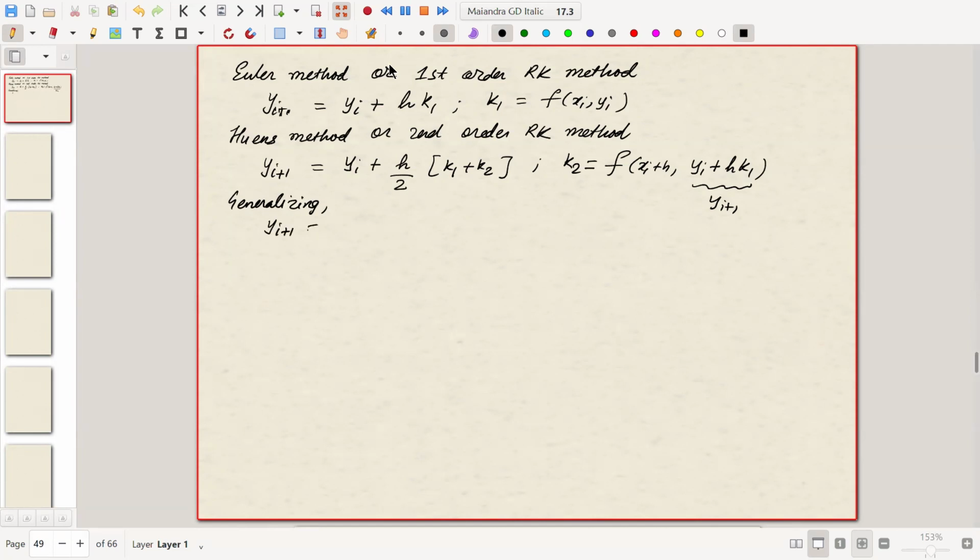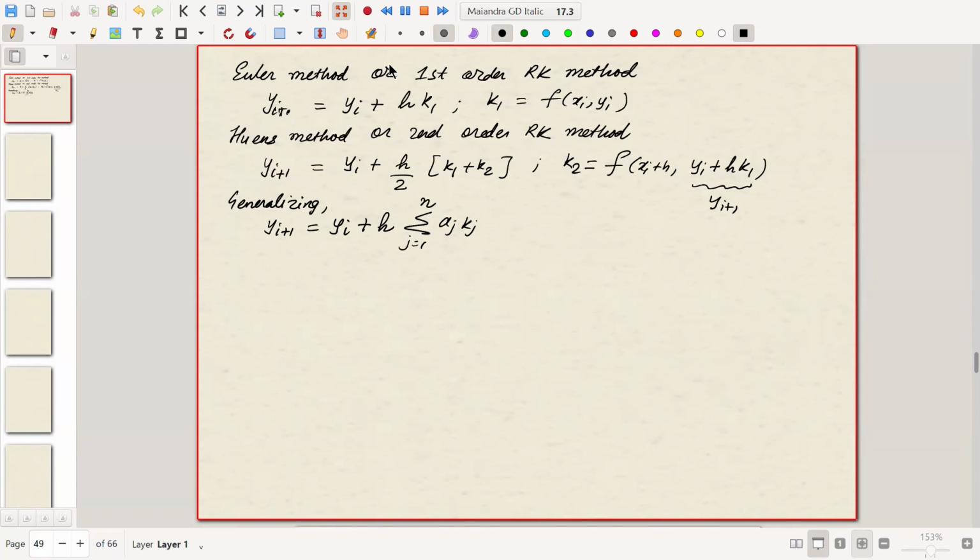So generalizing, write y_{i+1} as y_i plus h times the summation. There will be a lot of multiplication and addition of a_j. See, here I have written a generalized statement. We know that there are K1, K2, K3, and so on.